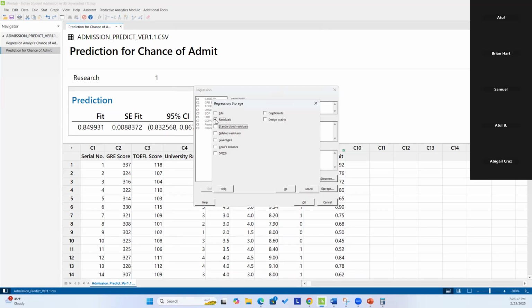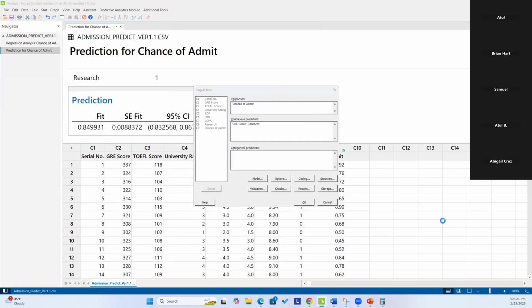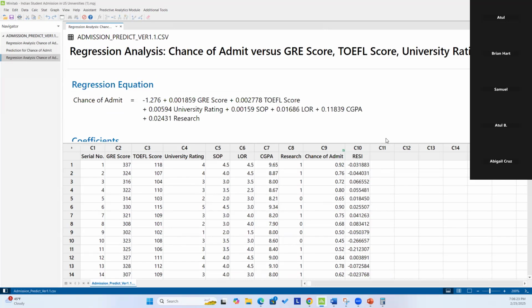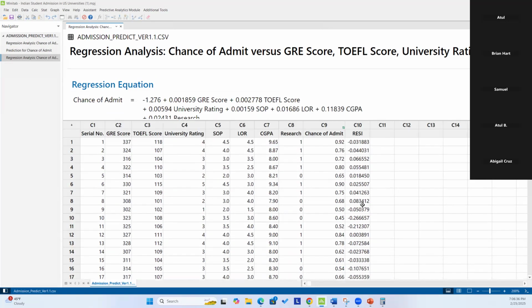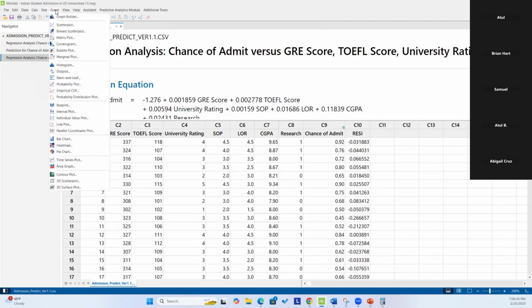So this is a residual. I can store this, and this is my residual. Plus or minus means above the line is plus, below the line is minus. So these are my errors. I would like to check whether these errors are normally distributed. So I go under Graph, and this is the answer.